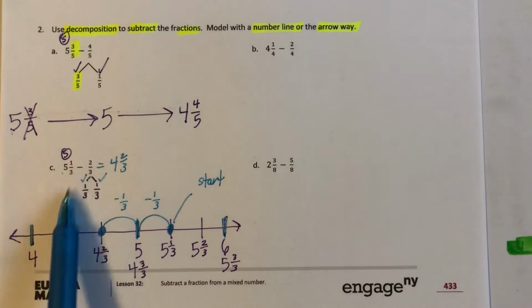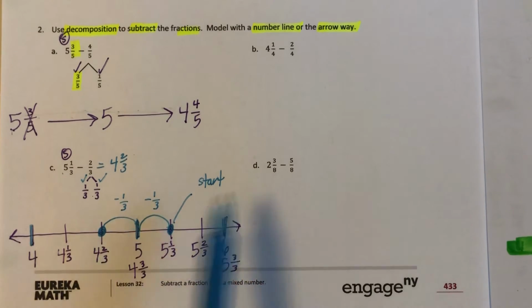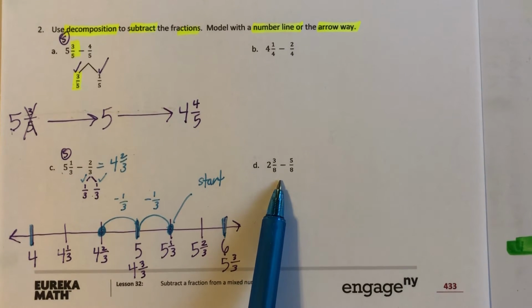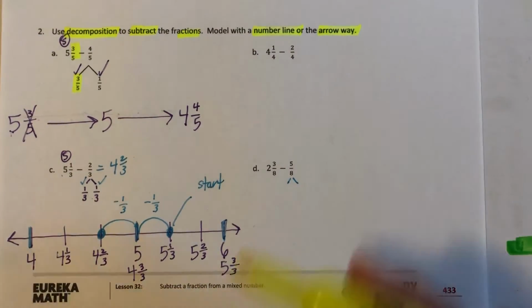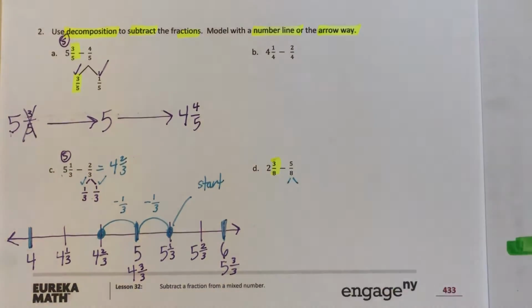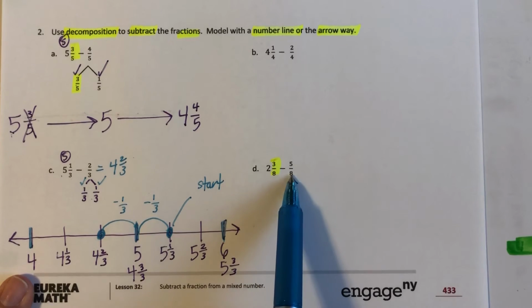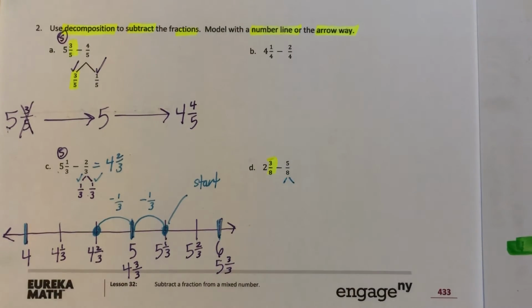So using this decomposition as a model and this number line as a model, go ahead and do your part D, and just remember when you're decomposing 5/8, what did we say common sense told us for the 5/8? If I'm breaking down 5/8 into 2 pieces, would that be one of them that I wanted to use? Go ahead.